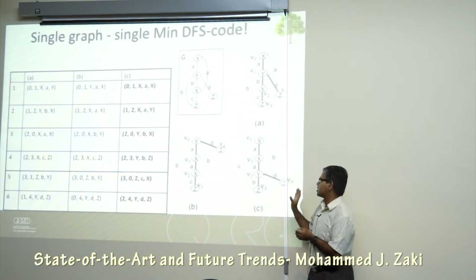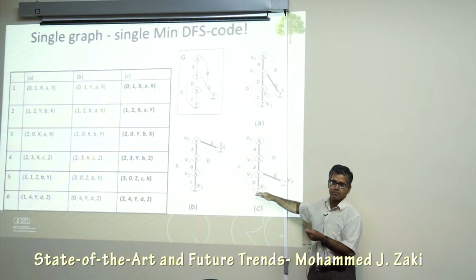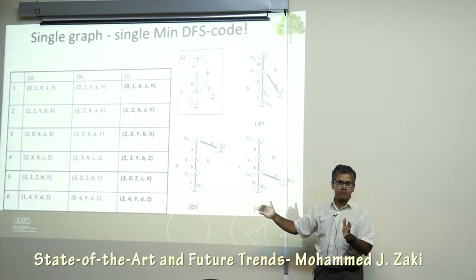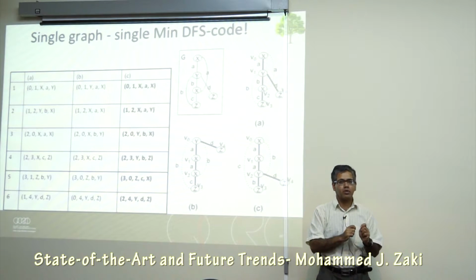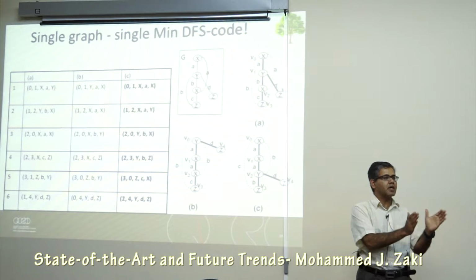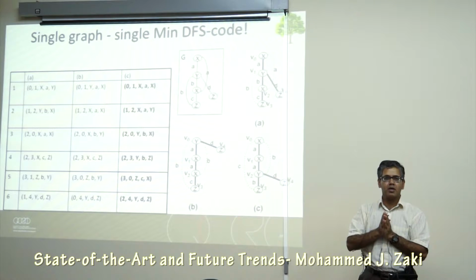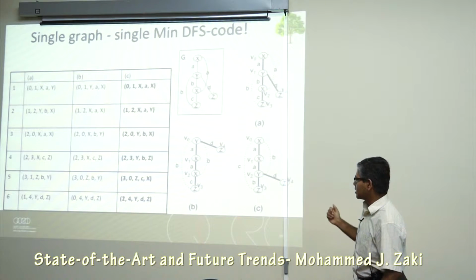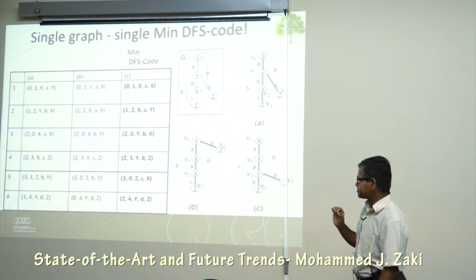And the basic principle is that you prefer deeper trees as opposed to branchier trees. You could define the code any way you want. The point is that you have to have a systematic way of defining what is less than what. As long as you can do that, you can get your systematic enumeration out of the way. So anyway, that is what we call the minimal DFS code.